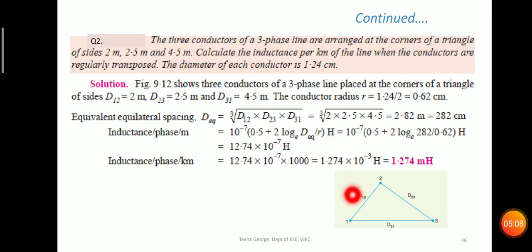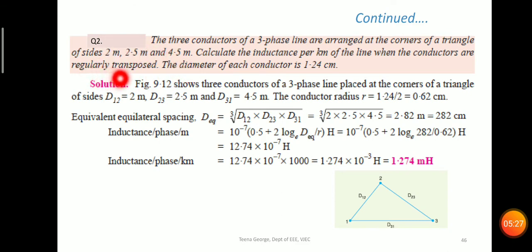Here the distances are different. Calculate the inductance per kilometer of the line when the conductors are regularly transposed. Here it is also given that the conductors are transposed.